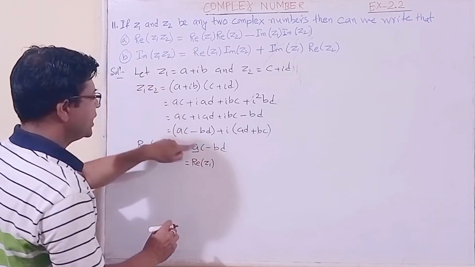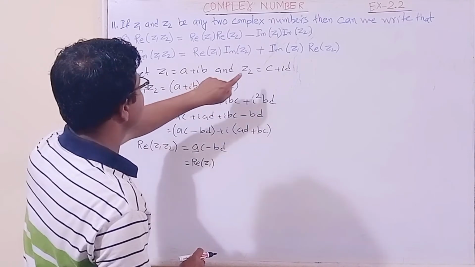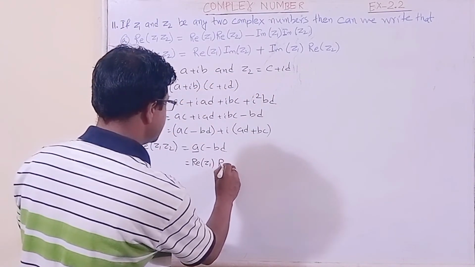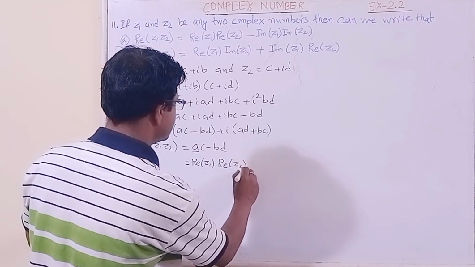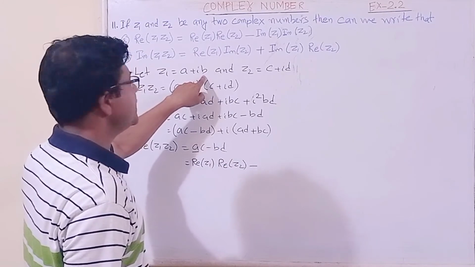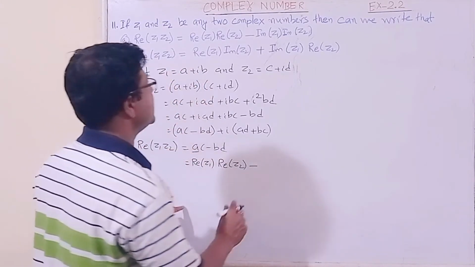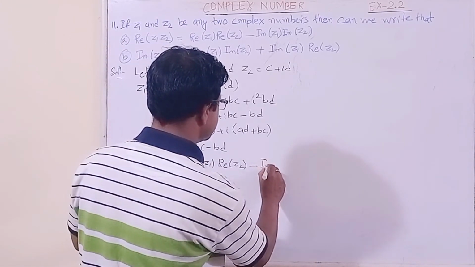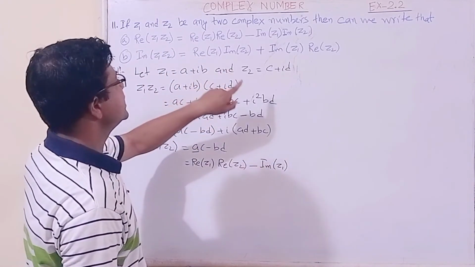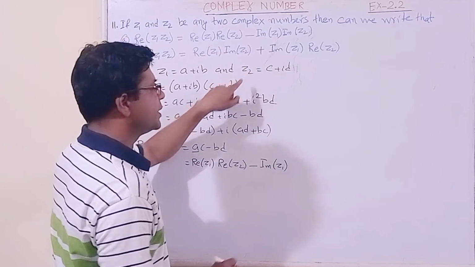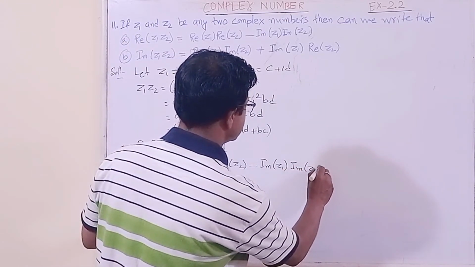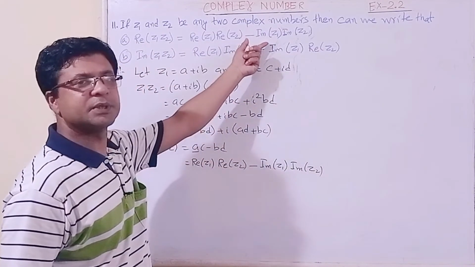And c is the real part of Z2, real part of Z2, minus b. What is b? The imaginary part of Z1, right? And d is again the imaginary part of Z2. So thus easily we can write this expression.